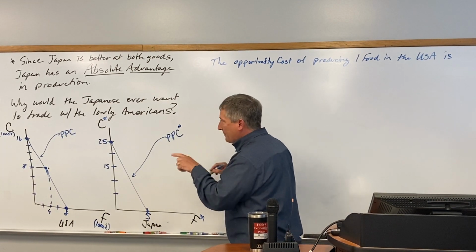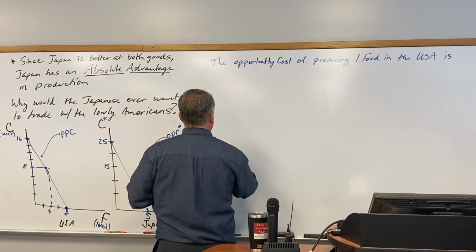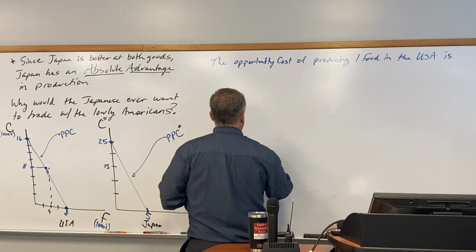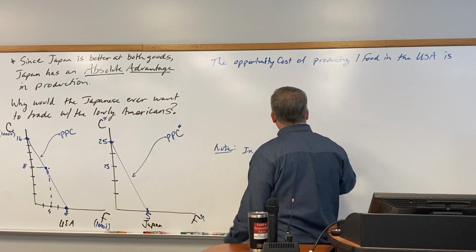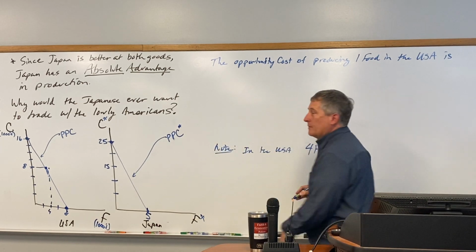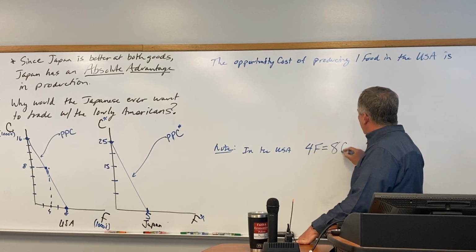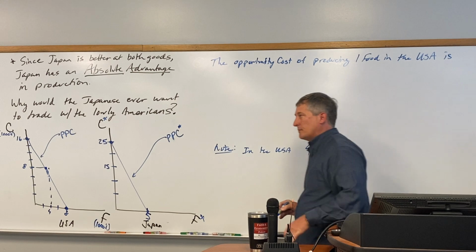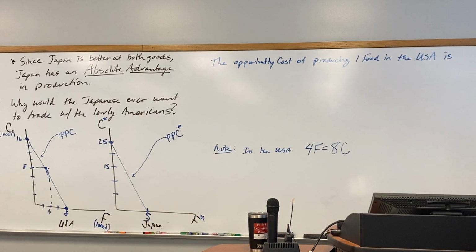So in the United States, let's put a little note down here. Note, in the USA, 4 food is equal to 8 cars, in a sense. And I think this is what some of you were getting at with this trade-off. One person can do 4 food, or one person can do 8 cars.